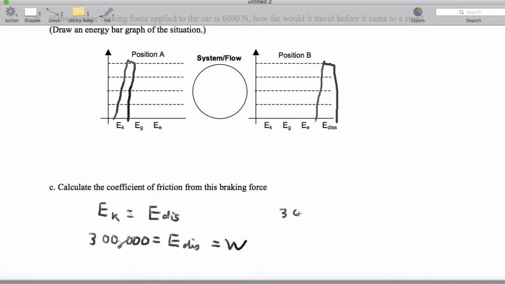So we have 300,000 equals the force applied, which is 6,000 newtons given in the problem, times our distance that we're going to solve for. And so I'm getting a distance of 50 meters.